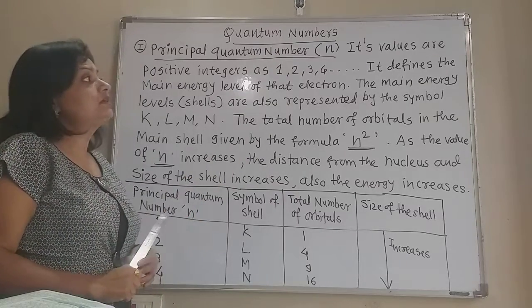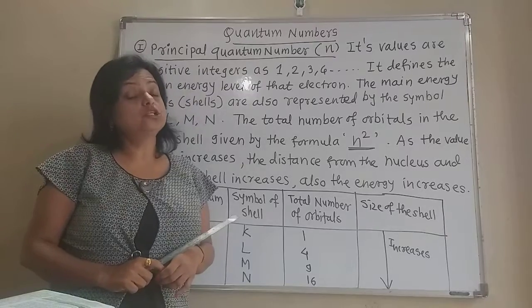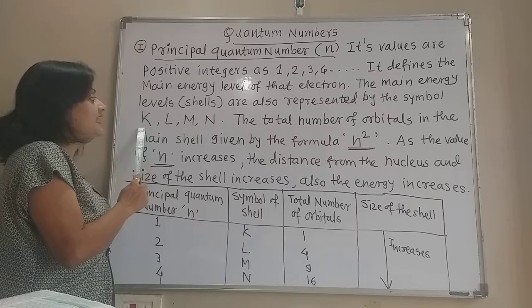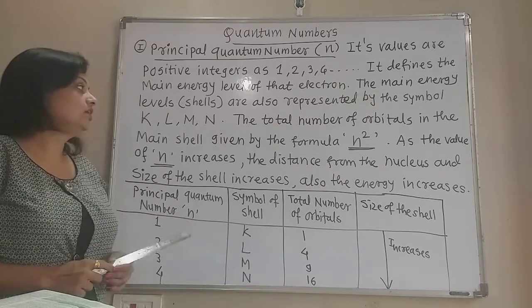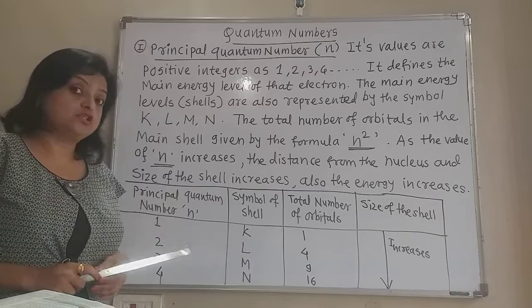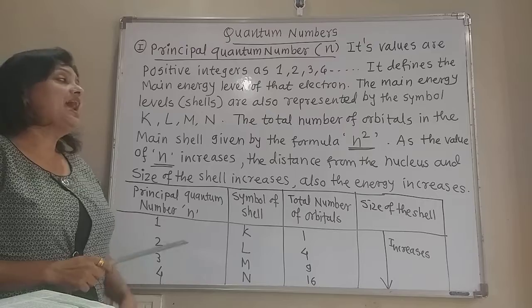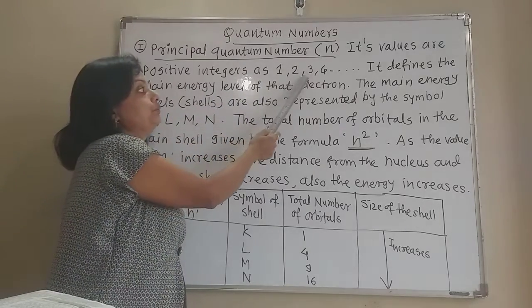These principal quantum numbers, or main energy levels, are also denoted by the symbols K, L, M, N. You know, in the 10th standard, the main energy levels are also called K, L, M, N, O, P in this way, and they have the positive integer values 1, 2, 3, 4.